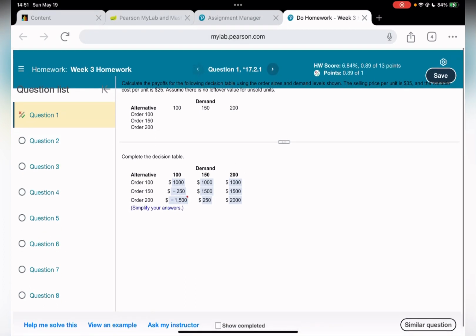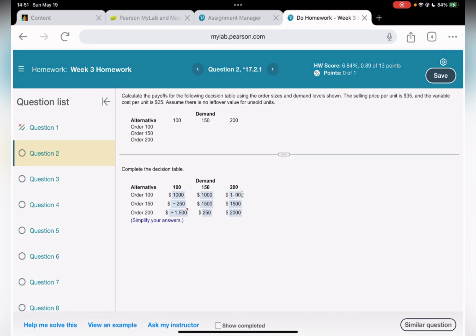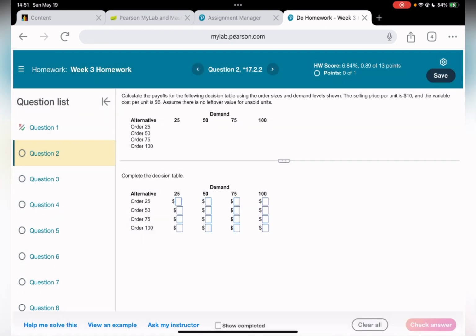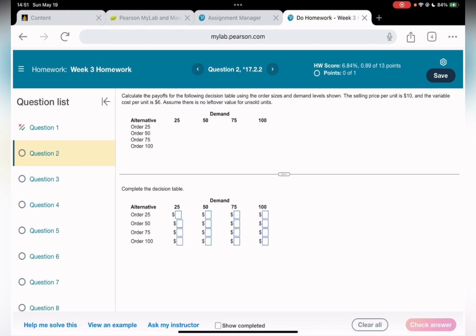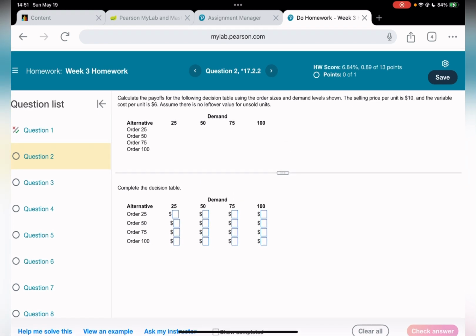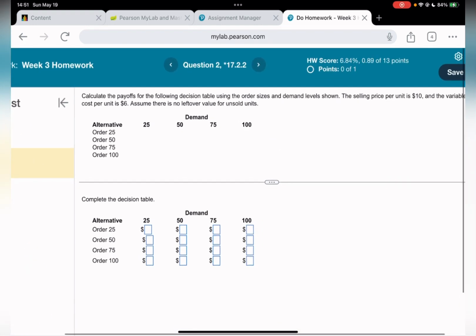Moving to the next one, number 2. Since I made so many silly mistakes, let me do this one also for you. It's going to be the same thing, numbers are different. Let me draw 25, 50, 75, 100.